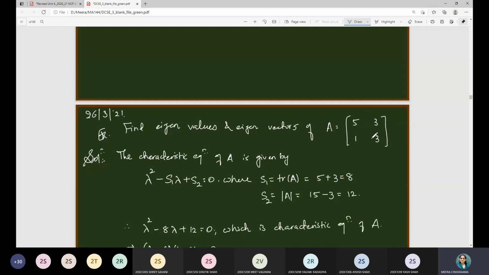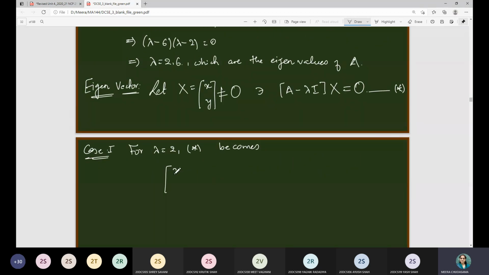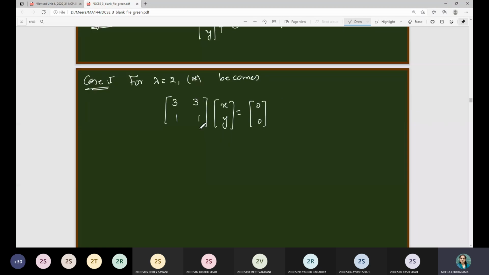So the A minus lambda I matrix will be 3, 3, 1, 1. In that case, star will become 3, 3, 1, 1 times X, Y is equal to the 0 matrix, which is a column matrix of order 2 cross 1.